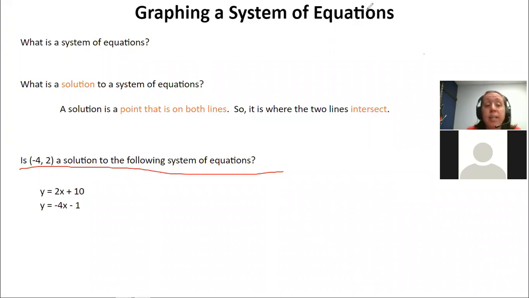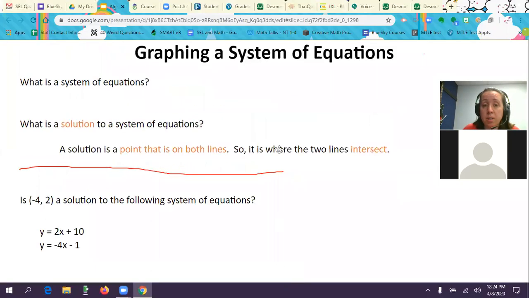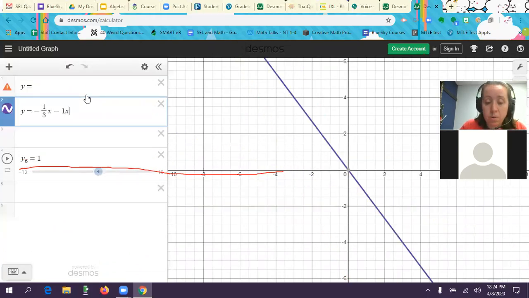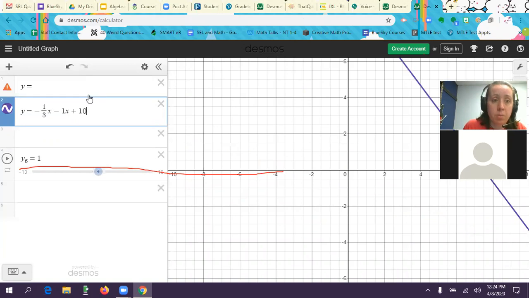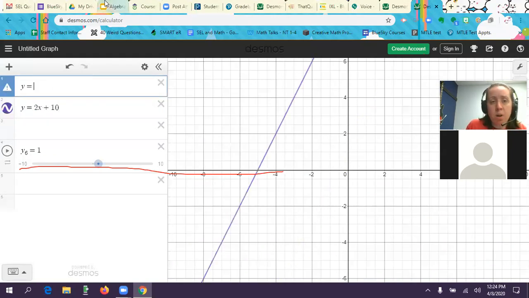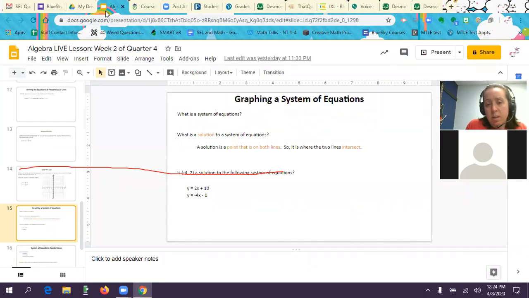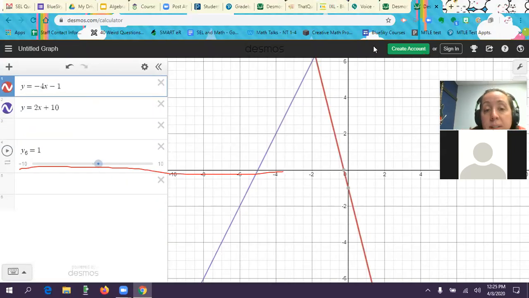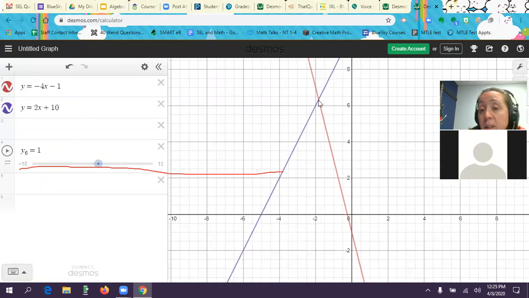You could type it into Desmos. y equals 2x plus 10. Let's type that into Desmos. And then in the second one, y equals -4x minus 1. And you could see where they intersect.